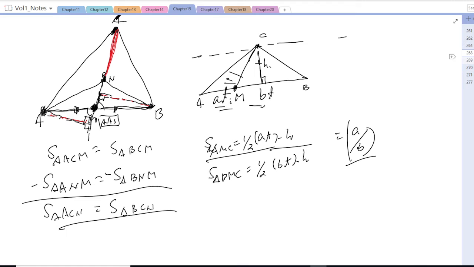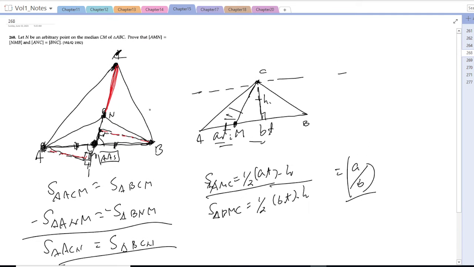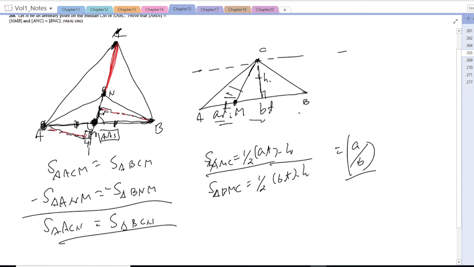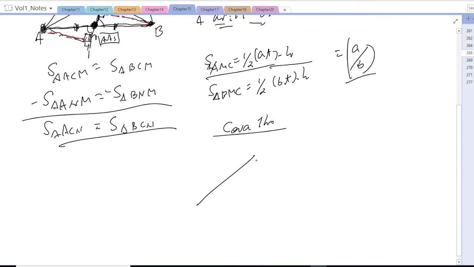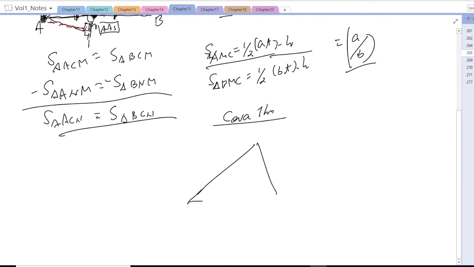There is a Ceva's theorem, called Ceva's theorem in geometry. It means pick any point P inside the triangle, maybe not inside, maybe outside as well, it doesn't matter.